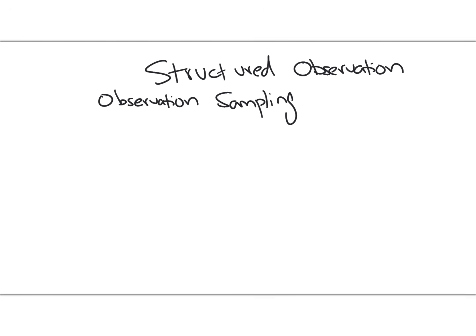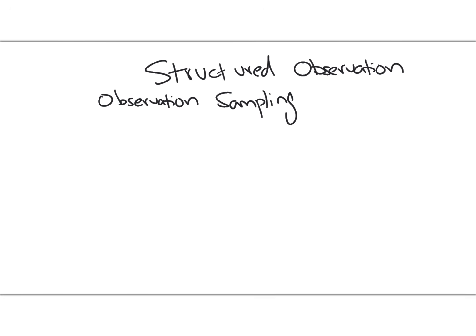Observation sampling is a way for us to record behaviors during an observation, particularly when we're using a checklist. So I have those 5 behaviors of aggression that I want to observe from the participants, but how exactly will I record them? That can be done through observation sampling.